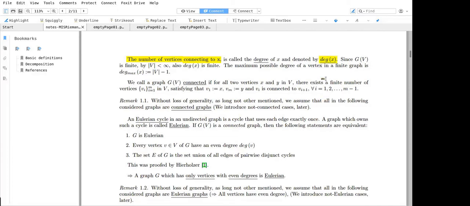Since we assume we have finite graphs, the maximum degree which a vertex of this graph can have is the number of vertices minus 1, because we also assume that we have starting graphs with no edges on themselves, only edges to other vertices, but only in the graph at the beginning.